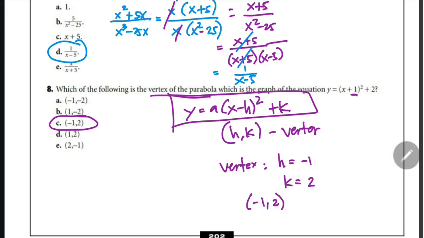Okay, we move on to the next set of problems. Can you go to the next page? Right, for number 9.